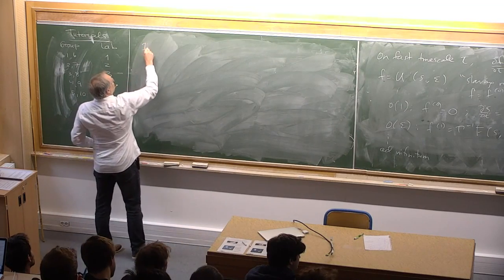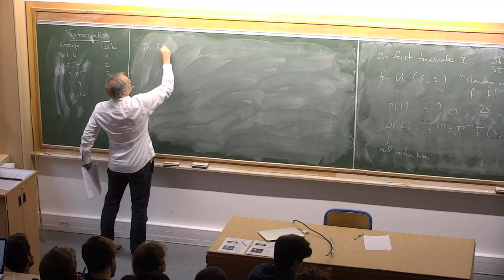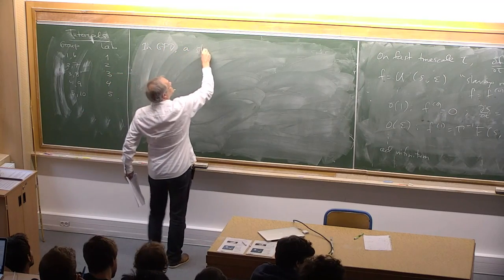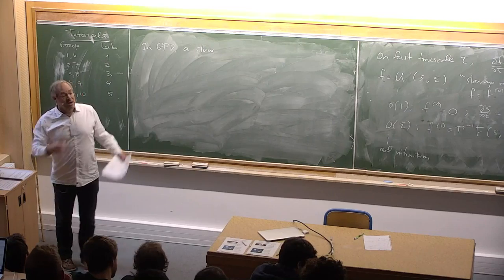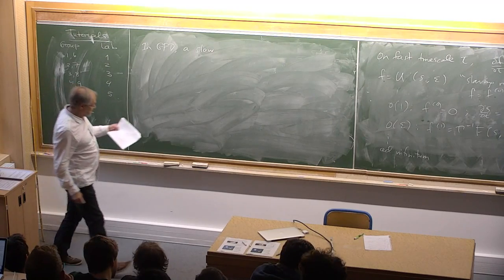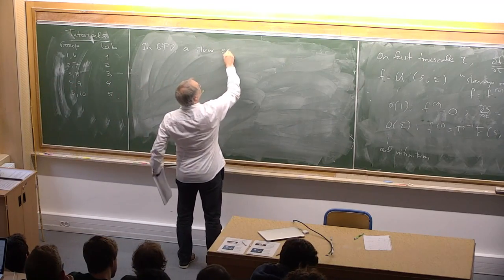So in GFD, the thing is a slow equation. So you could say, what's a slow variable? Well, we always know one slow variable because a slow equation is always provided by the potential vorticity.